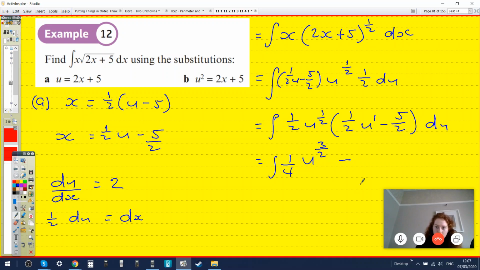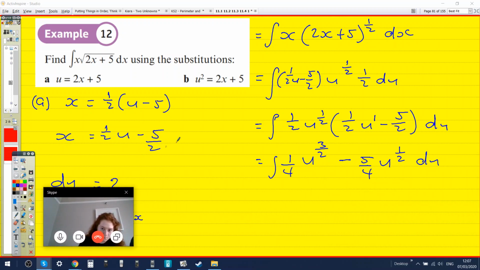Then it would be the 5/2 times the half u to the power of a half. Mm-hmm. So then that's 5/4 u to the power of a half. A half. Yes, and then you would integrate that. So do we need to add 1 to the 3/2?